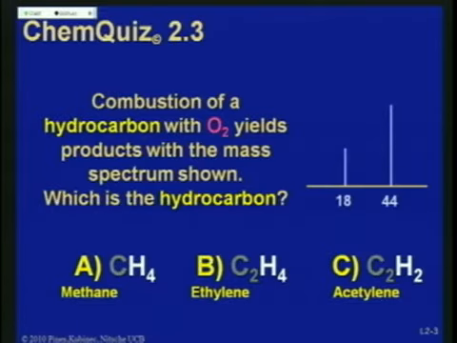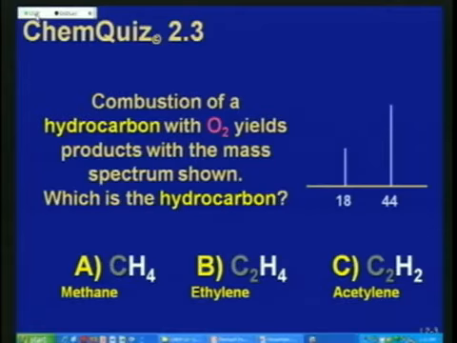So we get a ratio like this here, and this is the mass 18 and the mass 44. What would be mass 18 and 44? Water and CO2, okay? And there is a ratio of 1 to 2. I'm asking you now, is this produced by methane, by ethane, or by acetylene? Why don't you take your clicker and give me your answer, please?